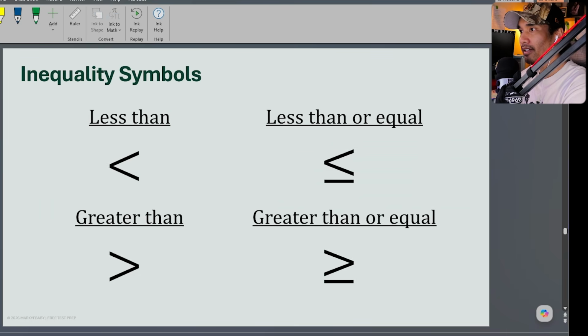So next slide, we have the inequality symbols. We have less than or equal to, greater than, and greater than or equal to. Take a screenshot because you will need to remember these for the test.